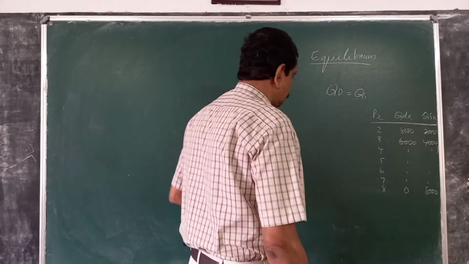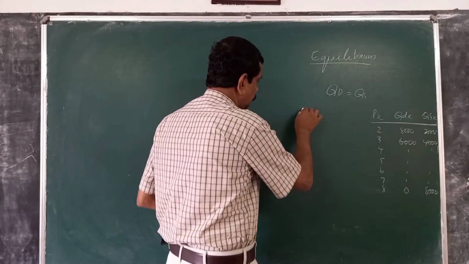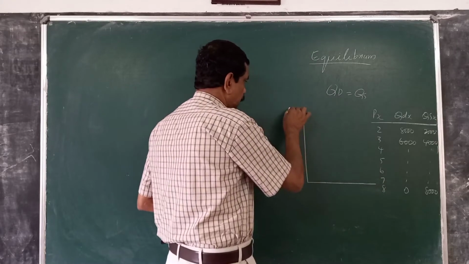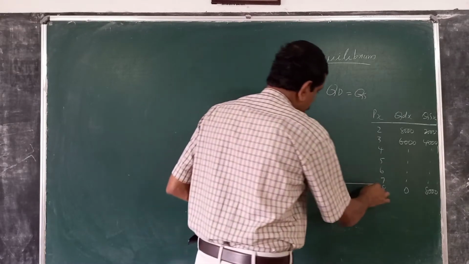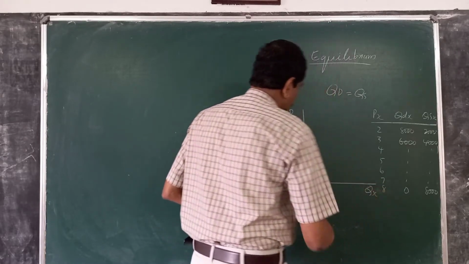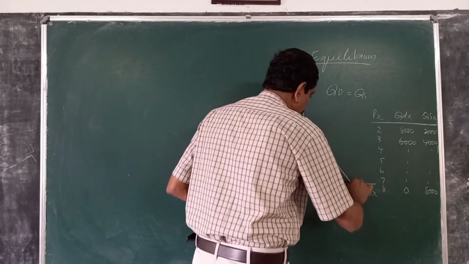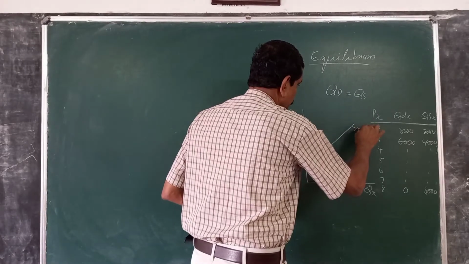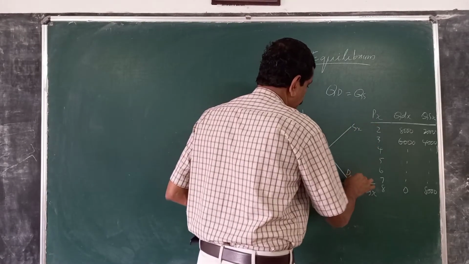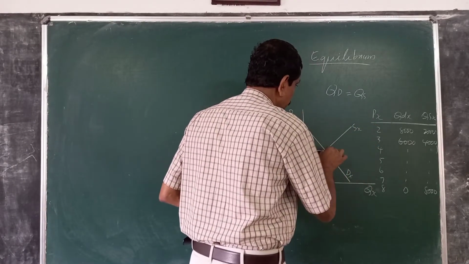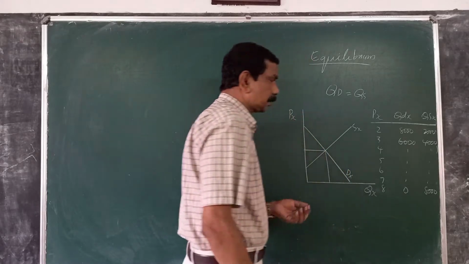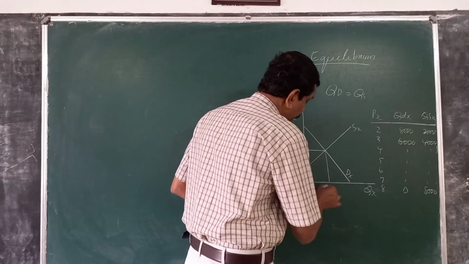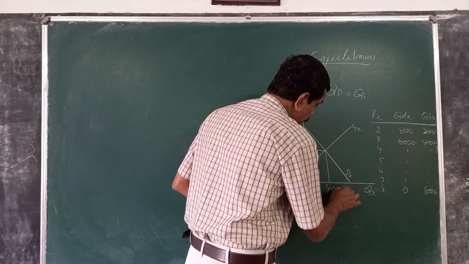Geometrically, equilibrium occurs when the demand and supply curves intersect. The demand curve is this and the supply curve is this: supply of X, demand for X. Equilibrium occurs at price equal to 4 and the corresponding quantity is 4000.